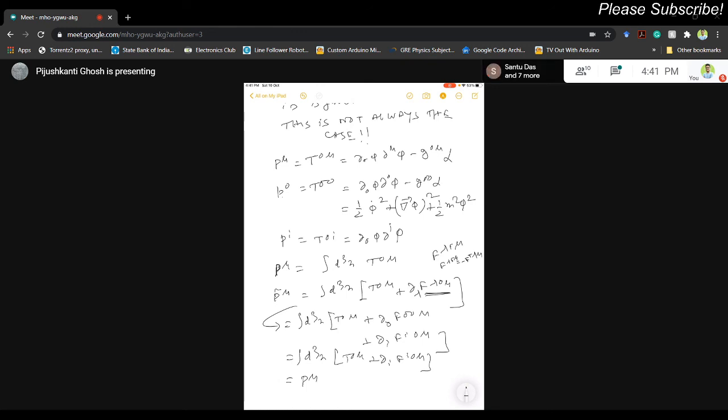But the difference is that the density is different, and this density is symmetric with respect to 0 mu and mu 0. So we can always add a term such that this is a symmetric quantity.